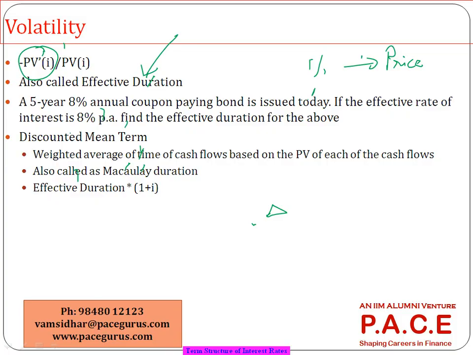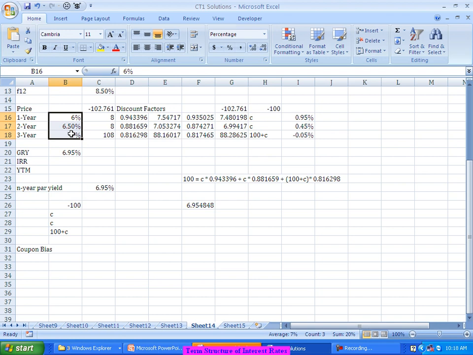And what we are saying is, if at all the interest rates are going to change by a little extent, either I can use the gross redemption yield, which is the same rate for the entire period, or I can use the spot rates. For simplicity purpose, we can very well use the gross redemption yield.